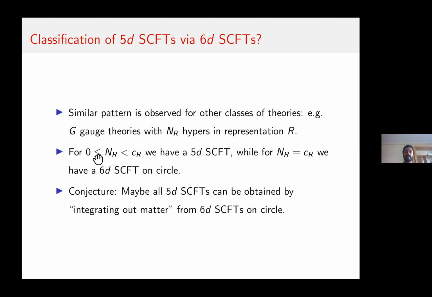It's observed that if N_R is below a critical value, C_R, then we have a 5-dimensional SCFT in the strong coupling limit, while if N_R hits the critical value, then we obtain a 6-dimensional superconformal field theory. So this leads one to the following interesting conjecture, that maybe all 5D SCFTs can actually be obtained by integrating out matter from 6D SCFTs on a circle.